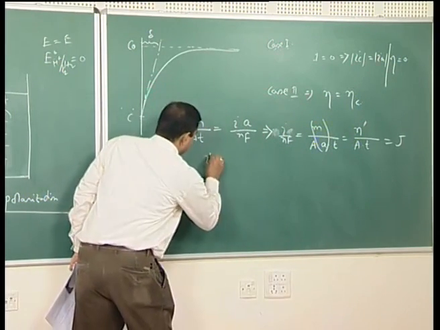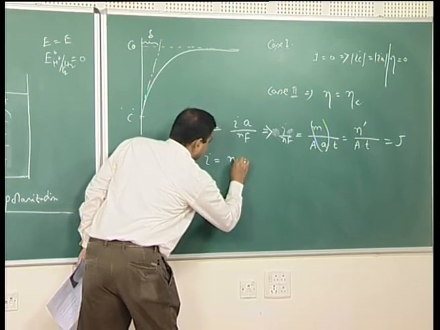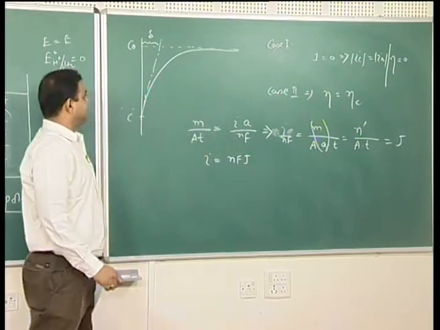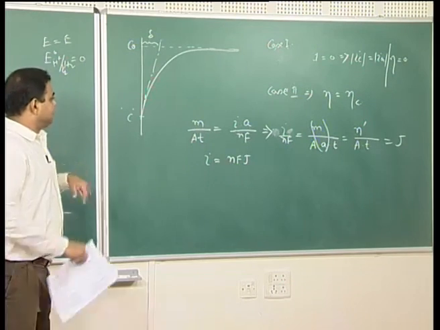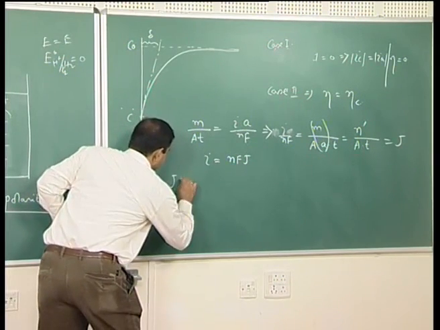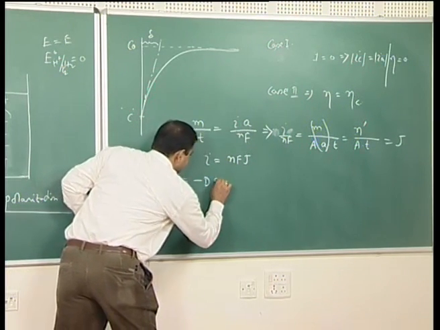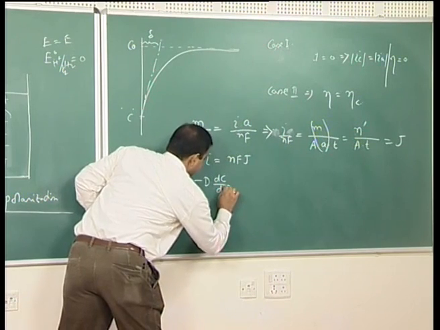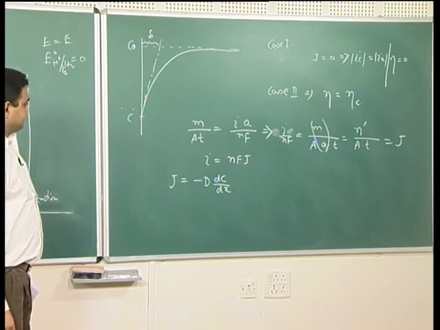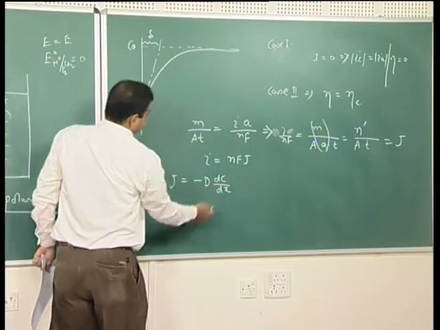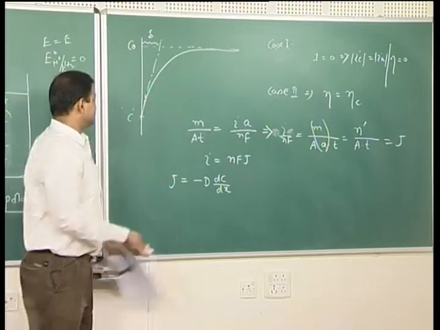So I can find out what is my I equals n F J. Now if we consider that this is Fick's first law, then J is nothing but minus D dC by dx. This C is basically the concentration and x is the distance.